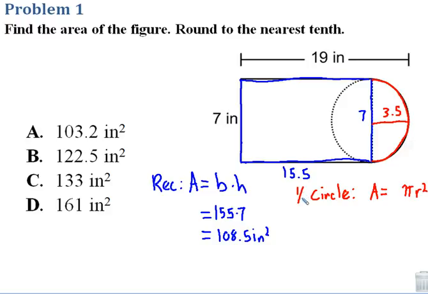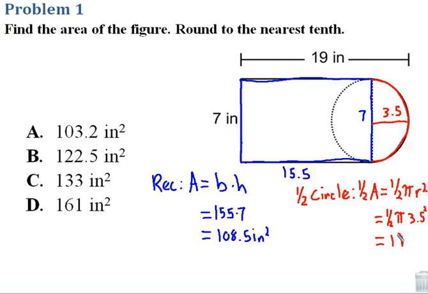So we want to know the area of the half circle, which means we'll just take the area formula times a half. So in this case, just half times pi times radius squared. I suppose technically we're calculating the area of a sector of a circle, half of the circle. So to do that, we'll go half times pi times 3.5 squared.